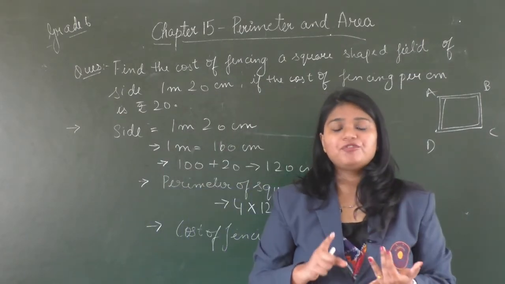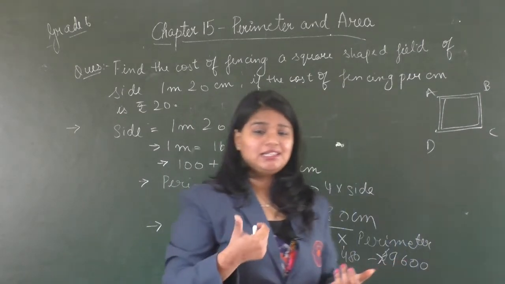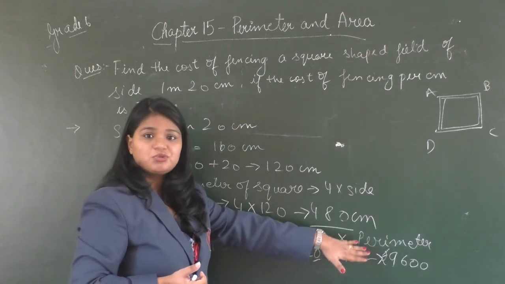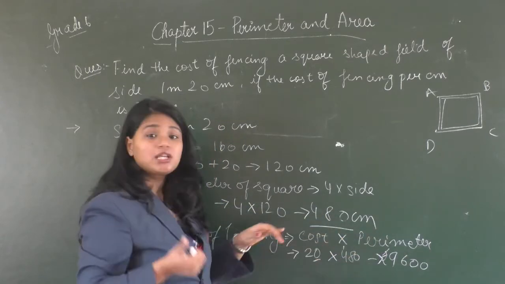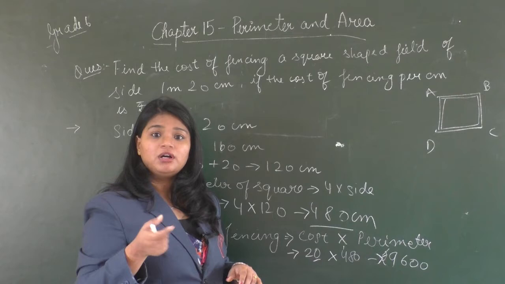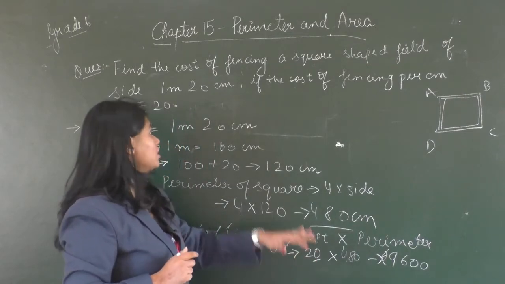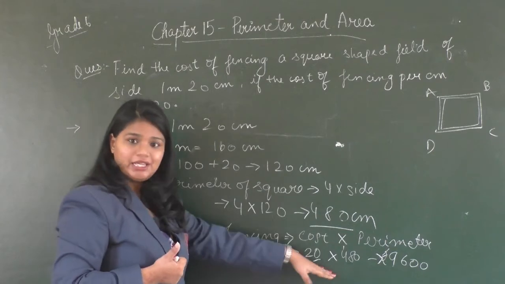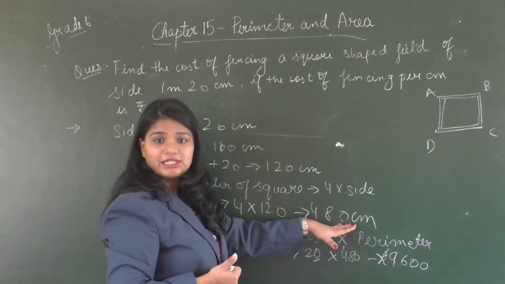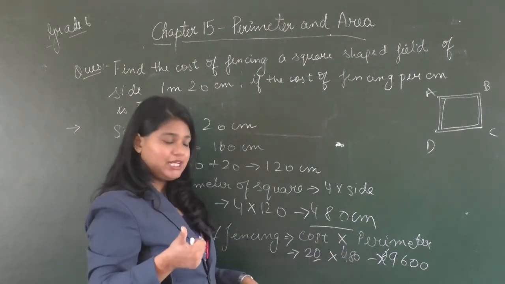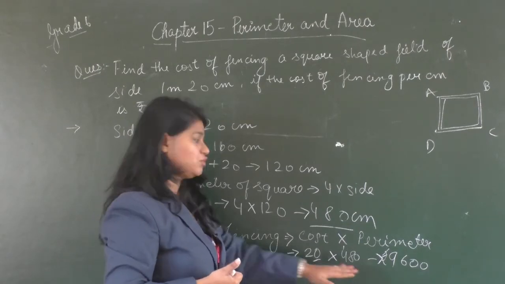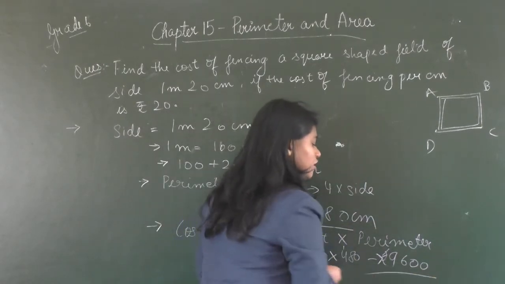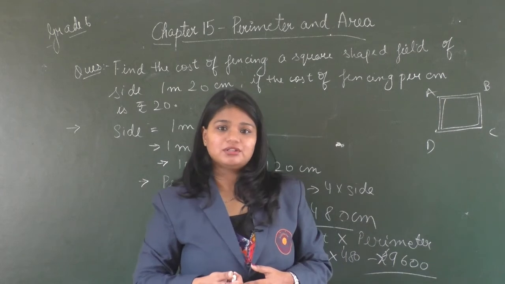Now the formula for finding the cost of fencing is cost per centimeter or per meter into the perimeter. So here the cost per centimeter was rupees 20. So I have written 20 into the total perimeter calculated, that was 480. So when I solve 20 into 480, I get the answer as rupees 9600.